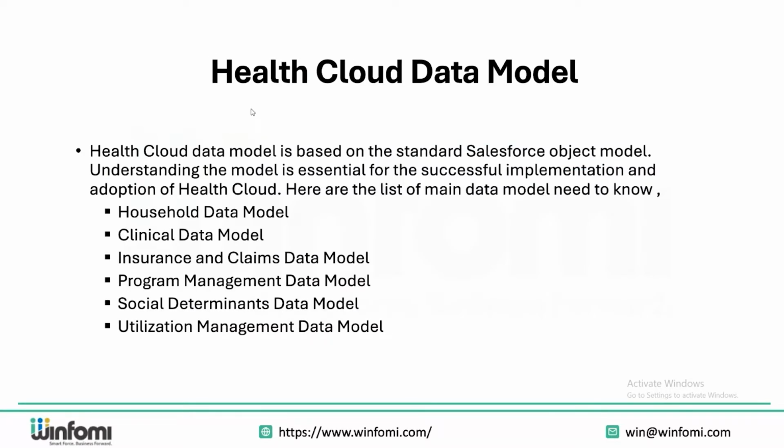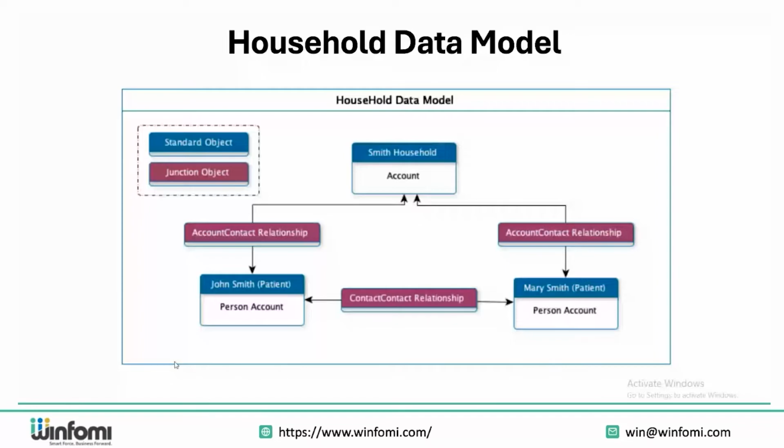Next, we also saw the Health Cloud data model, the major data models: the household data model, clinical data model, insurance and claims data model, program management data model, social determinants data model, and finally the utilization data model. The household data model was the basic data model between the account and contact, account relationship, account contact, and those kinds of things.